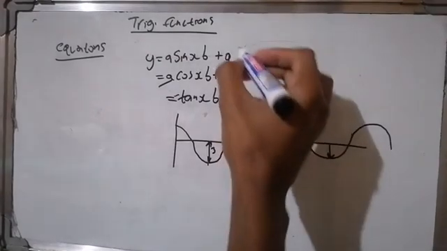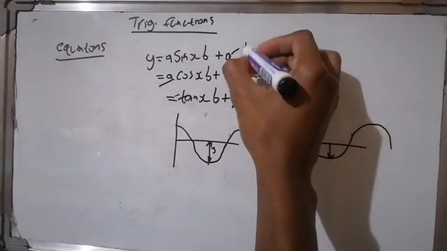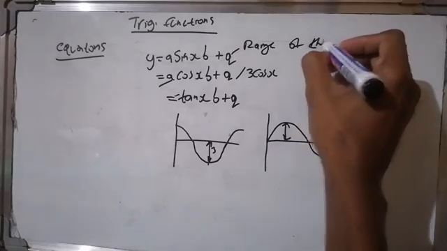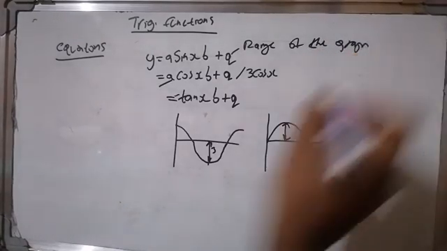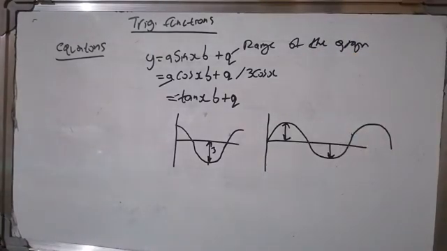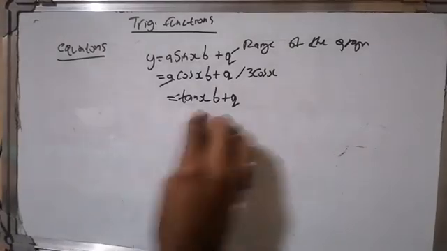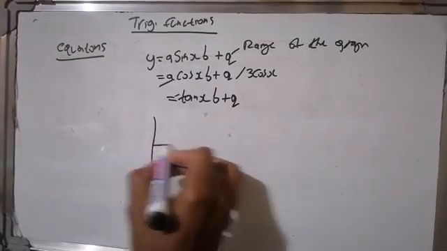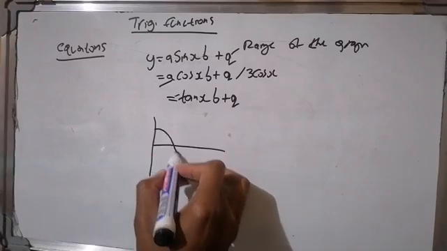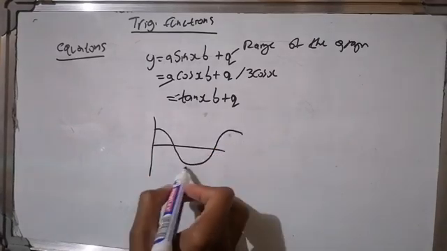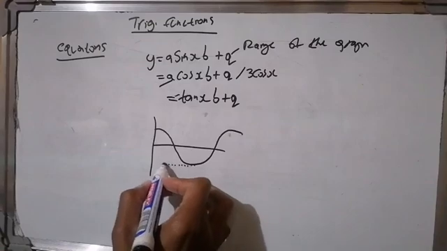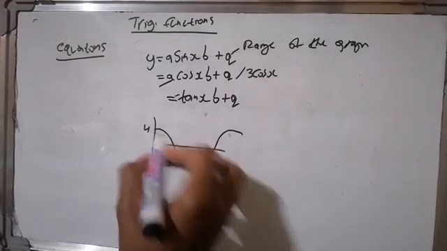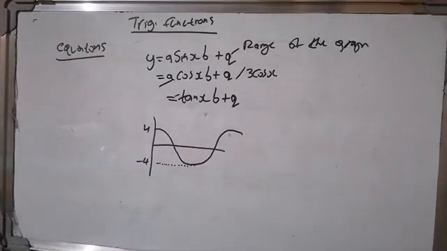Okay, and then in this case, the q tells us about the range. Q is the range of the graph, and we want to understand what the range is. For us to understand what the range is, I'm going to do this as an example. Let's say maybe this is what you have, and then you find out that the graph turns at -4 for some reason, and then there it's +4, and we want the range.